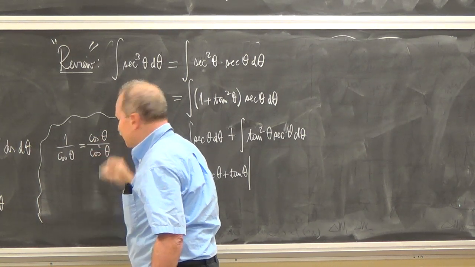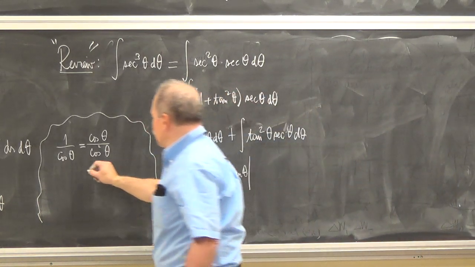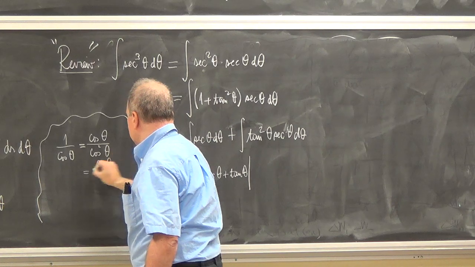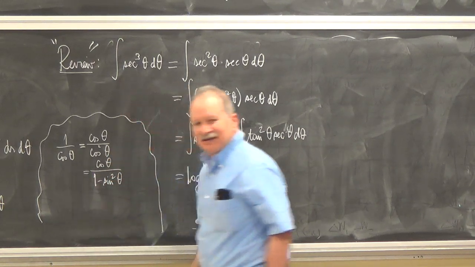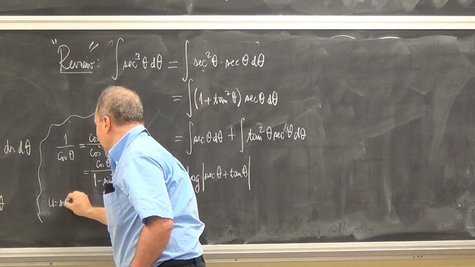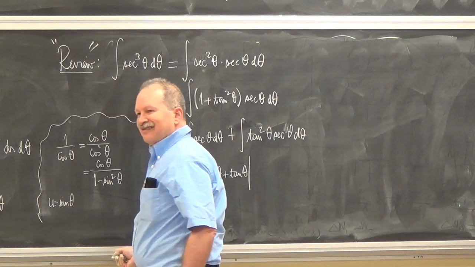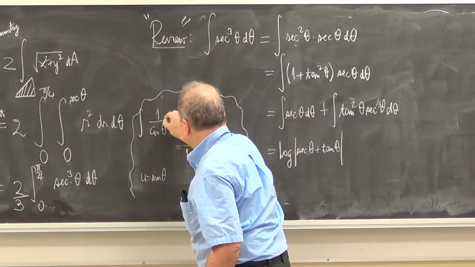Wasn't that brilliant? And then you can do cosine squared is 1 minus sine squared, and substitute u equals sine theta, and you're going to have du over 1 minus u squared.